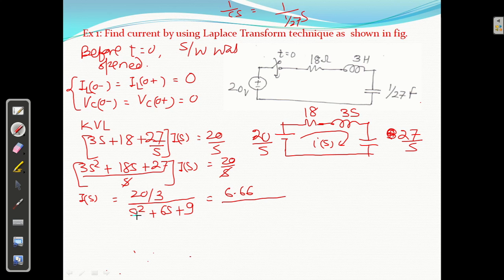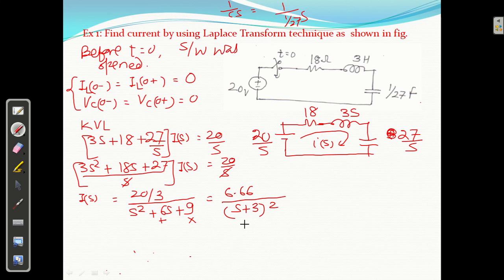S square plus 6S plus 9 has two roots. The sum of the roots should be 6 and the multiplication should be 9. Yes, 3 and 3: 3 plus 3 is 6, 3 into 3 is 9. So this is (S plus 3) square, which means repeated roots are there.